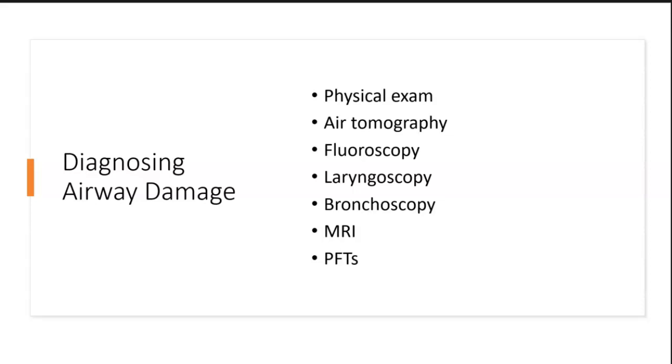A lot of times we do this for swallow studies, or if we're looking for fistulas, things like that. They might do a fluoroscopy with contrast to see if that contrast, after the patient swallows it, ends up where it's not supposed to end up. Laryngoscopy or bronchoscopy is where we're just looking down the patient's airway to look for any types of trauma or alterations. MRIs and pulmonary function tests can also be done.